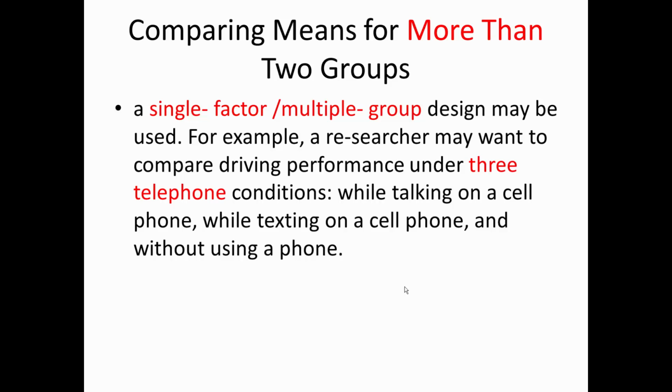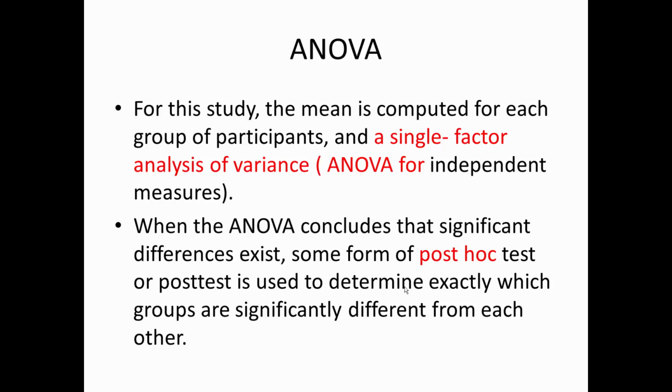So if you're dealing with more than two groups, then you cannot use a t-test and you have to use ANOVA. ANOVA is a statistical analysis used for comparing the means, the averages of groups, when you have more than two groups.